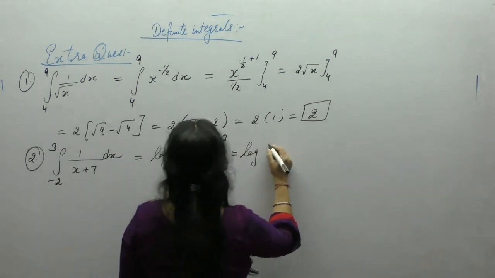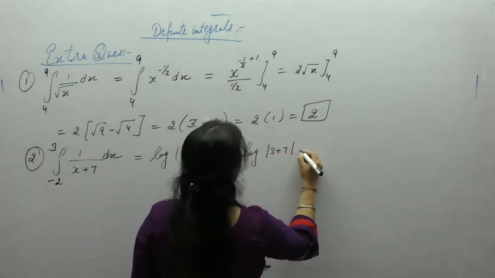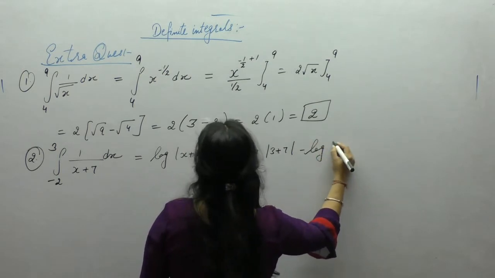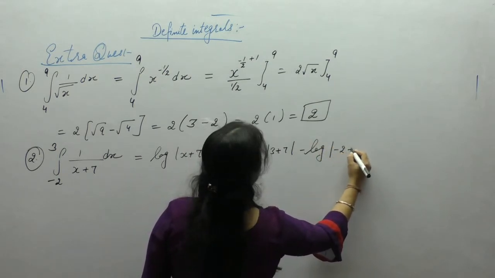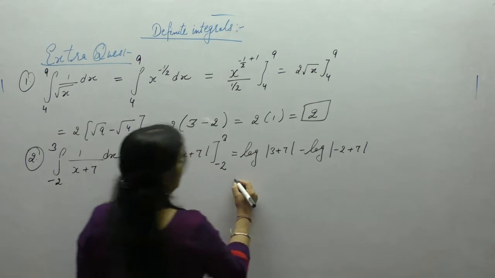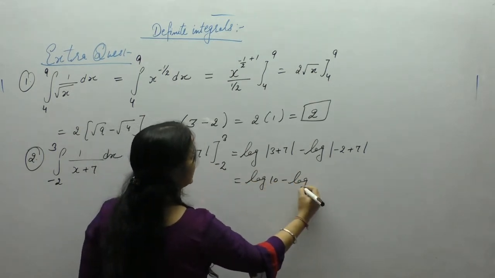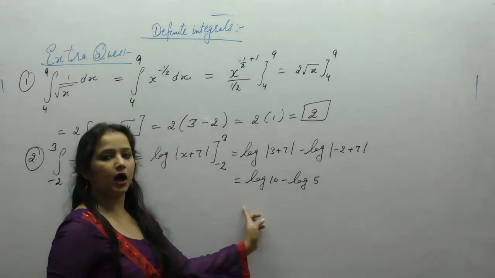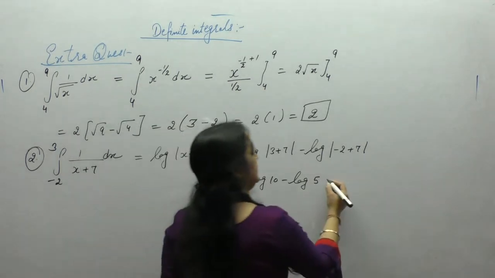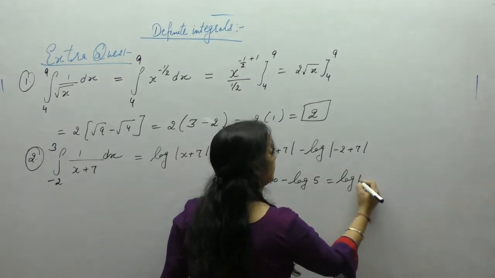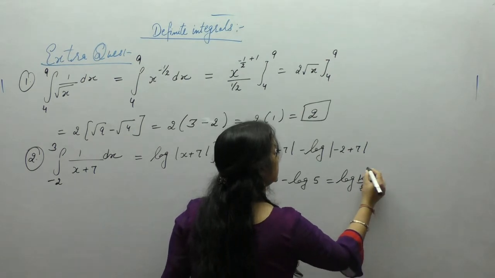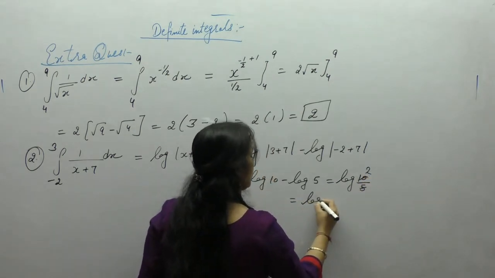Log of 3 plus 7 minus, lower limit, minus 2 plus 7. Log 3 plus 7 is log of 10, minus 2 plus 7 is 5. Log a minus log b is equal to log of a upon b. So we get the answer as log of 2.